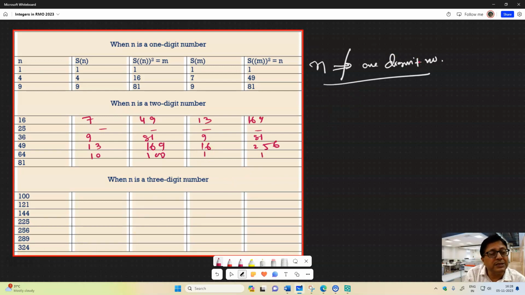Not possible. This is 9, 81. Similar situation, 81. You are getting n back here, the same n you have started with. This is your n, see, table column n. This is also n. But you can't take it because it is given m is less than n. M is here 81, n is 81. Not possible.